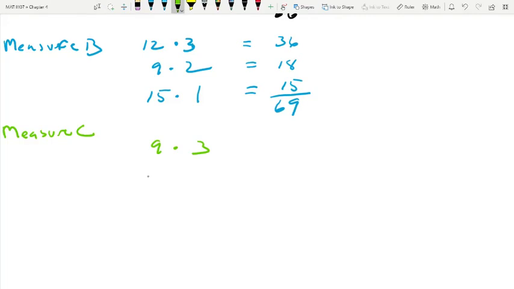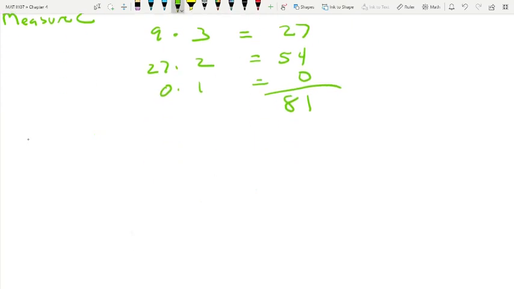So 27 times 2. It had no third place. So this is going to be 27. This is going to be 54. This will be 0. This gives it a grand total of 81.